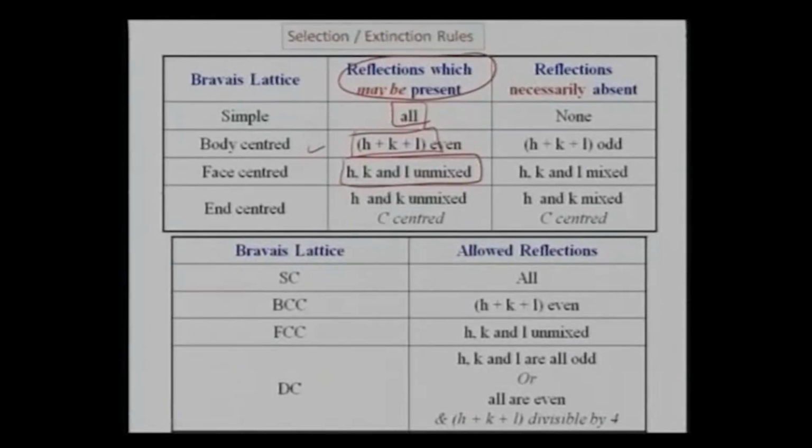And for end centered, I need to have H and K unmixed for the C centered one. For necessary absence reflections, for simple cubic, everything is present, so I don't have any reflections which are absent. Reflections are absent when H plus K plus L is odd for BCC, and for FCC, when H, K and L are mixed, I won't get any reflection. So these are all the criteria for a diamond, FCC, BCC or SC cells.